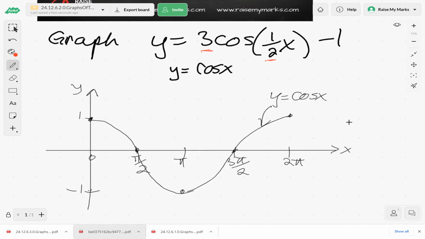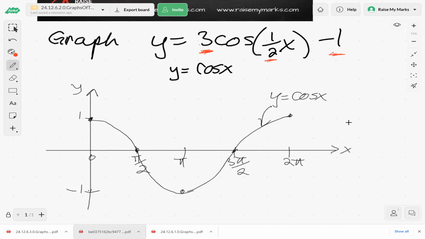And the -1 out here is a vertical translation down 1 unit. So what do we have? I think I misread this 3. This 3 is a vertical stretch of a factor of 3. The 1/2 is a horizontal stretch of a factor of 2, and the -1 is a vertical translation down 1 unit.